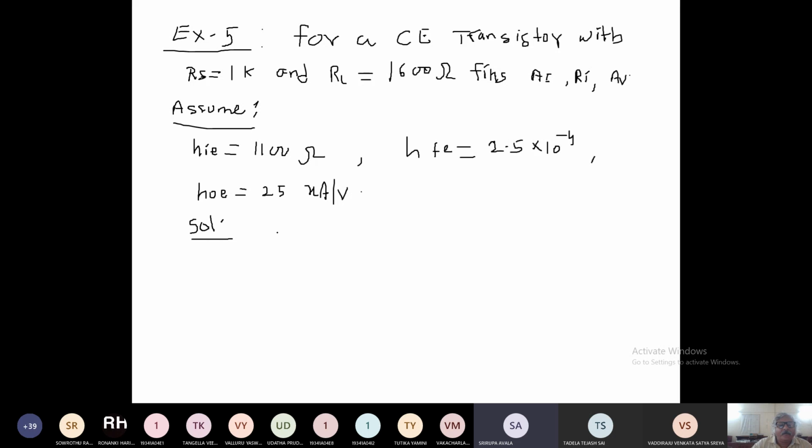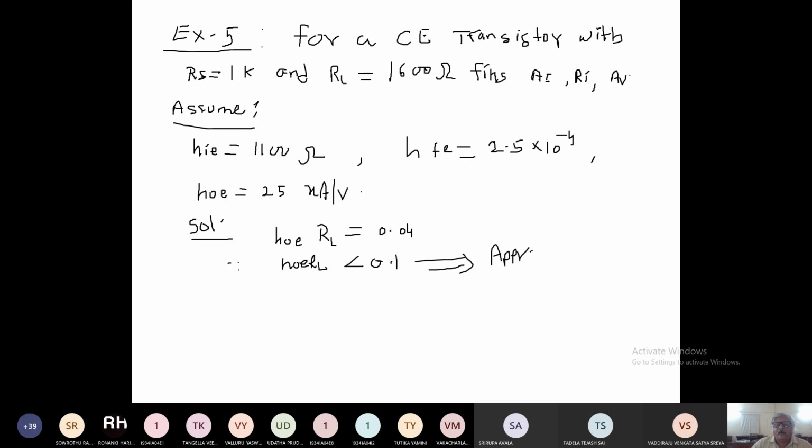Okay, how much value is it coming? 0.04. So HOE RL is equal to 0.04, which is less than 0.1, therefore we will go for approximate analysis.